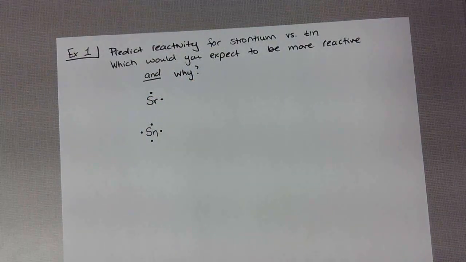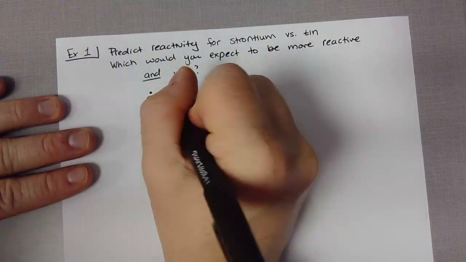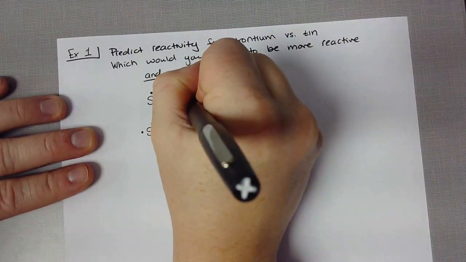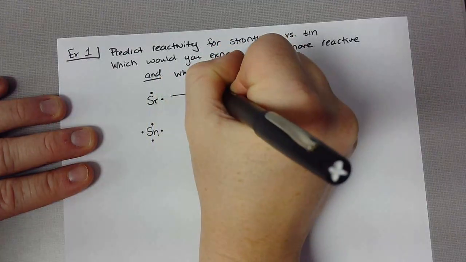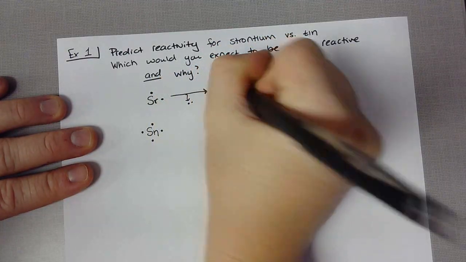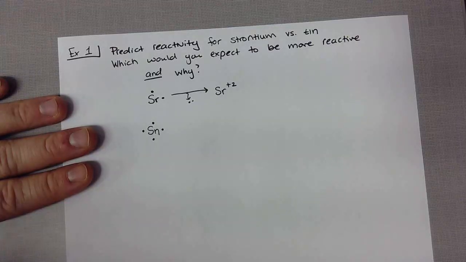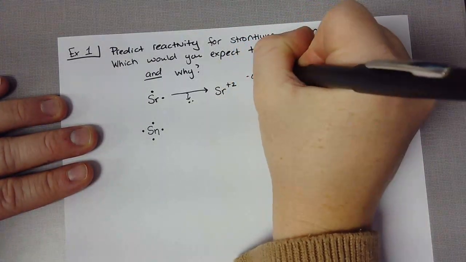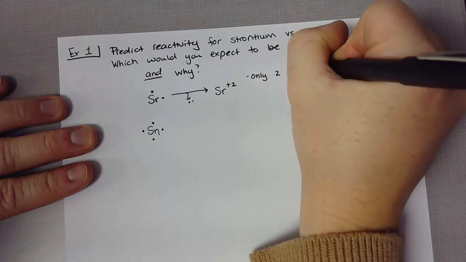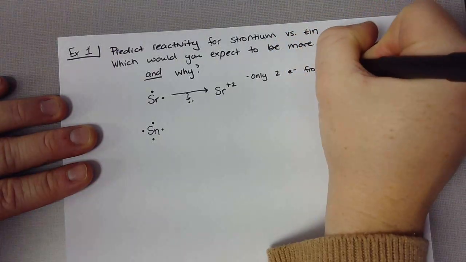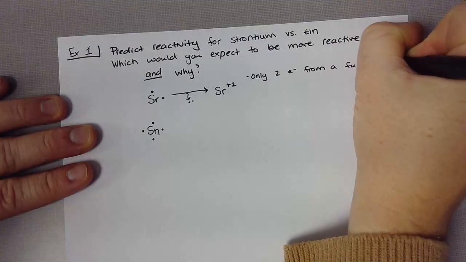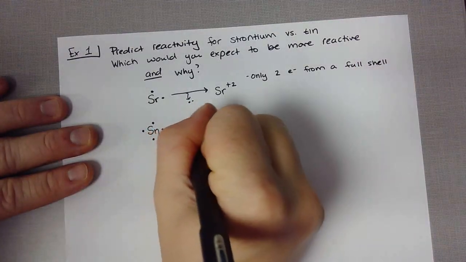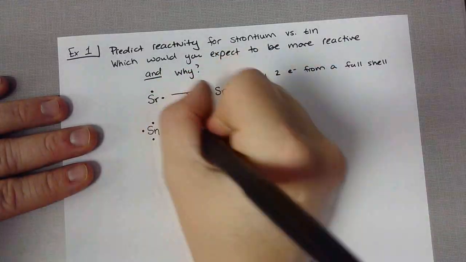Strontium is only 2 electrons away from a full shell. All it needs to do is give away 2. And then it reacts and forms an ion. While tin is 4 electrons away from a full shell.